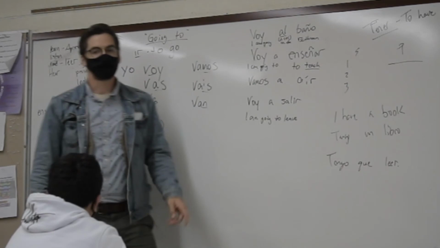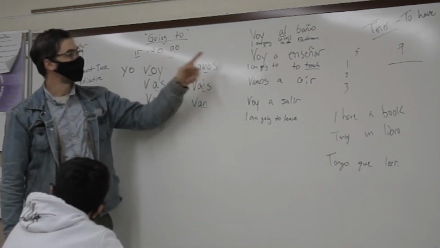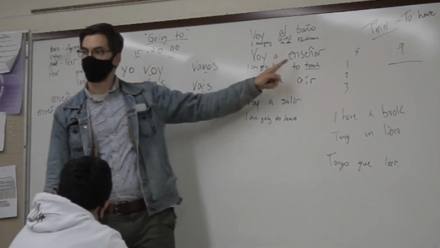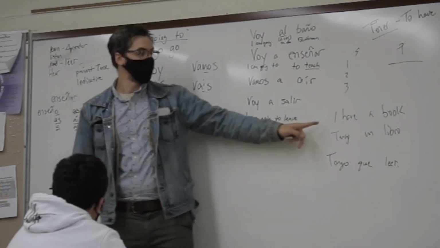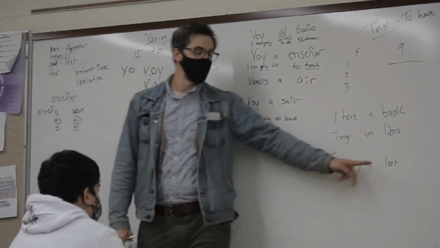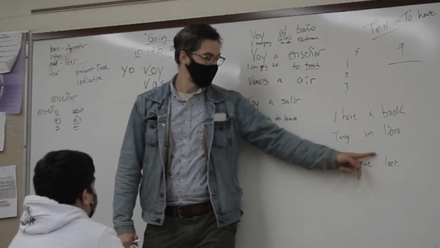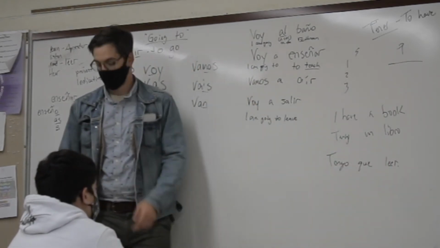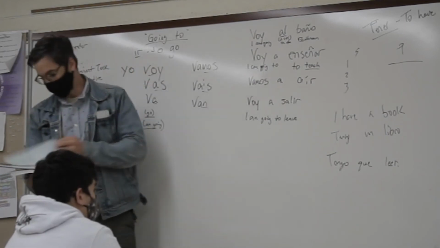But just like the verb ir, we have to add the word a with the verb. If you're going to say I have to do something, instead of I have a book, I have to read, you need to add the word que with no accents. So that's what it says here. Let's turn the page.